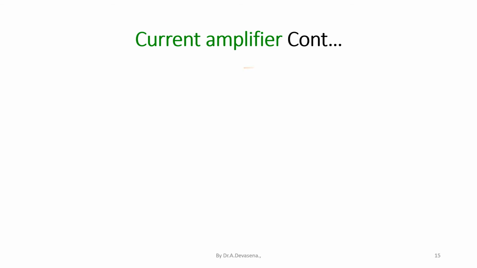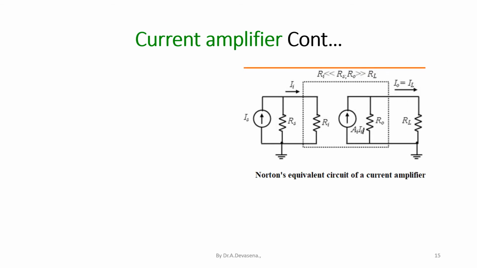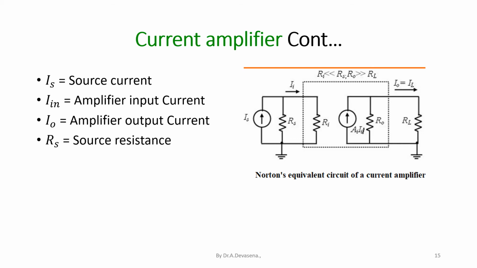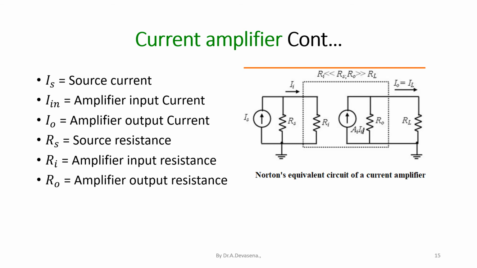In the representation of the current amplifier, Is is the source current, Ii is the amplifier input current, I0 is the amplifier output current, Rs is the source resistance, Ri is the amplifier input resistance, and R0 is the amplifier output resistance.